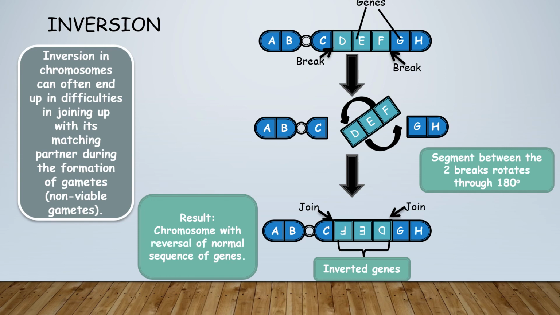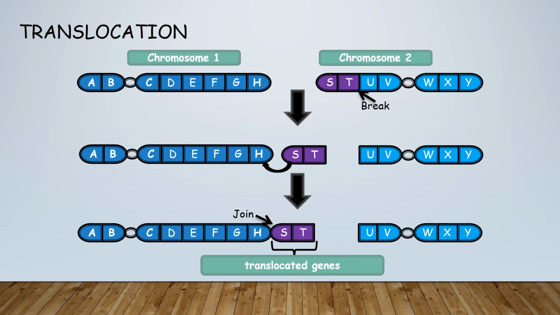Now that can be a problem when it comes to matching up with its partner during the formation of gametes. It may end up with non-viable gametes, so you can't reproduce, because this won't find its partner. Its partner would be the normal A, B, C, D, E, F, G, H, and this doesn't quite match up to that. Now, translocation involves two different chromosomes, not matching pairs. So chromosome 1 and chromosome 2 are not matching pairs.